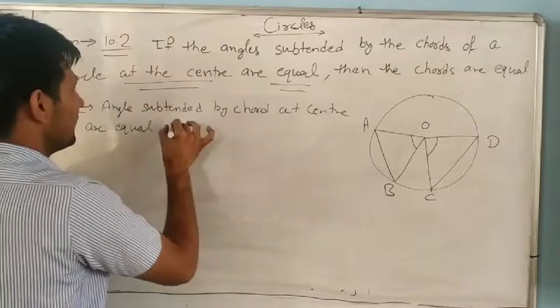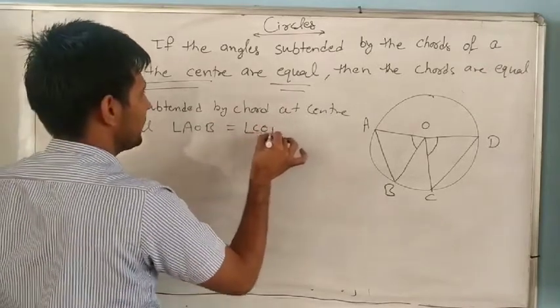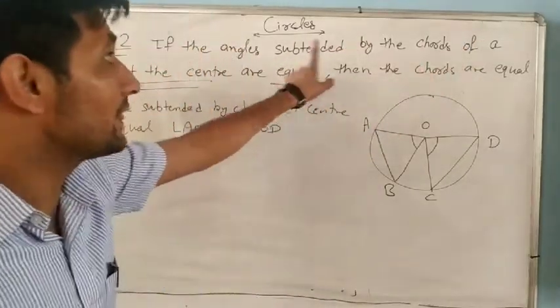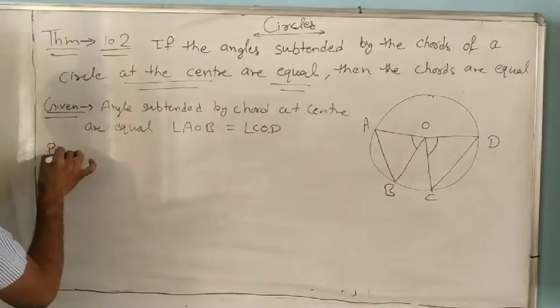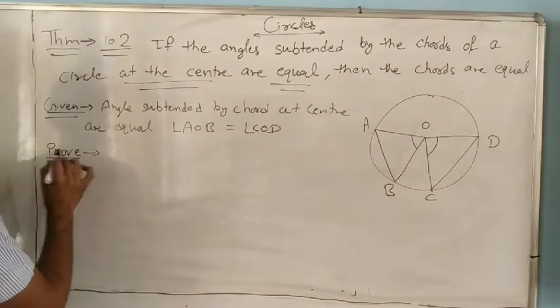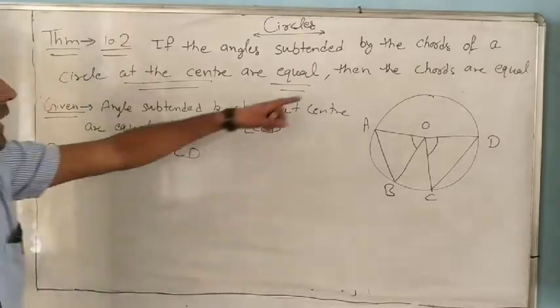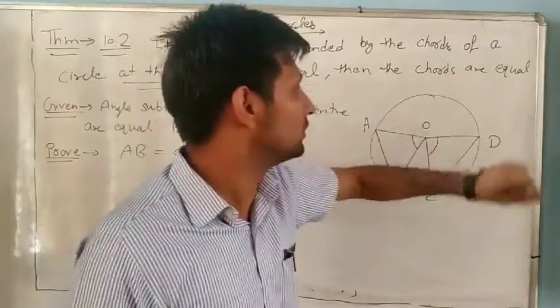So angle AOB equals angle COD. If the angles subtended by the chords are equal, then prove that the chords are equal. What we want to prove is that AB equals CD.